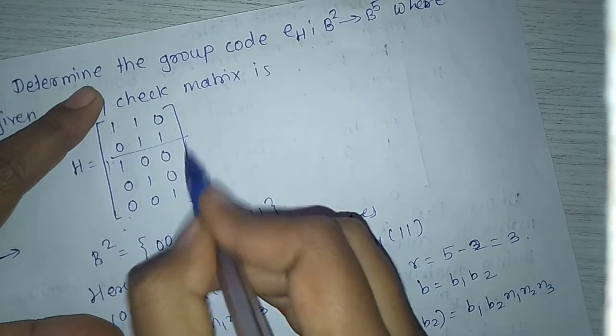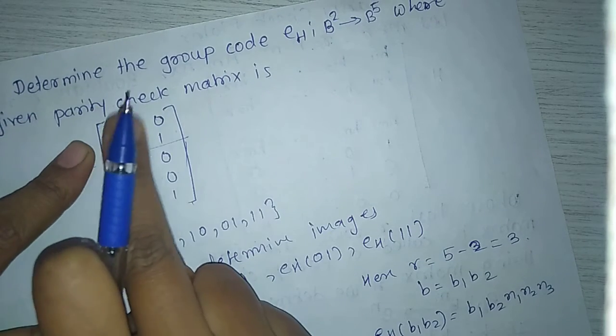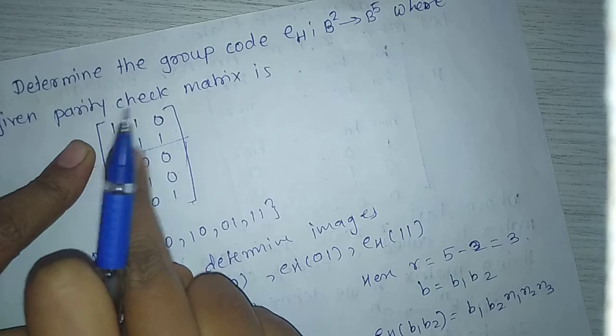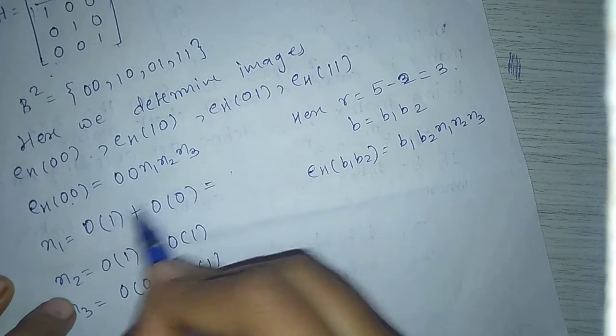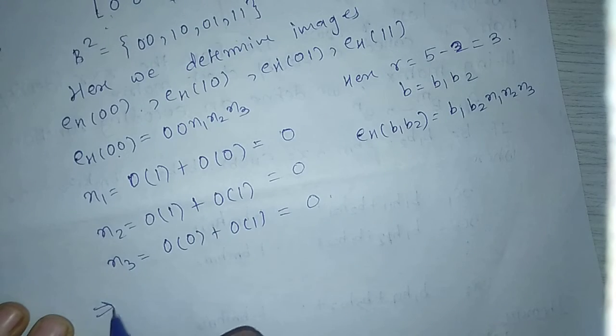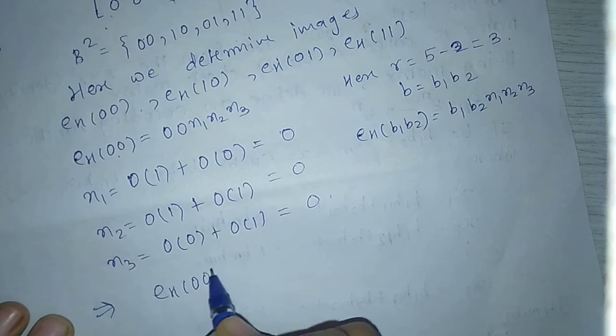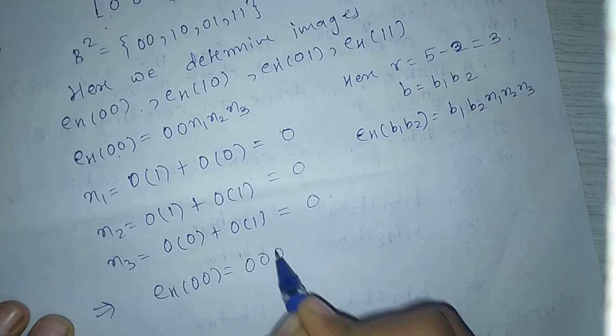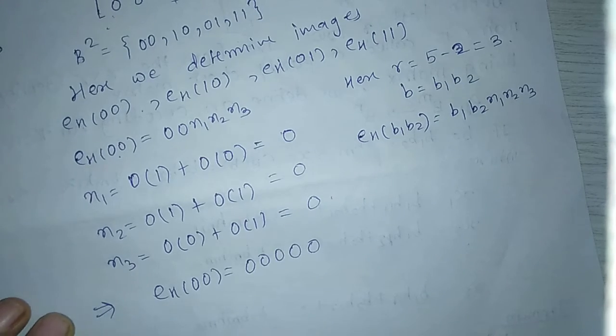This is the identity matrix, and these are the values of H11, H12, H13, H21, H22, H23. Therefore, we get x1 equal to 0, x2 equal to 0, x3 equal to 0, which implies E_H of 0,0 equal to 0, 0, 0, 0, 0.